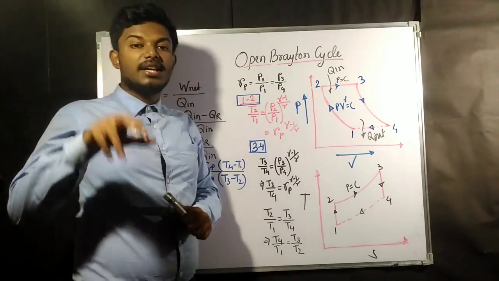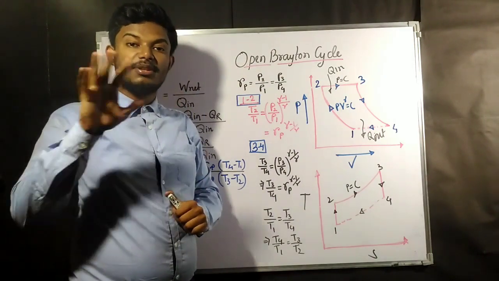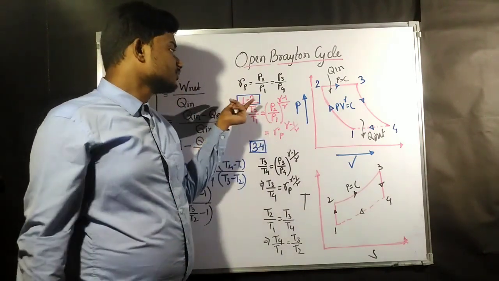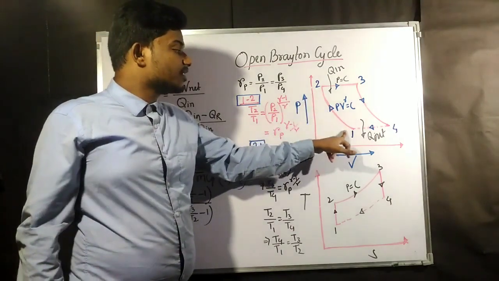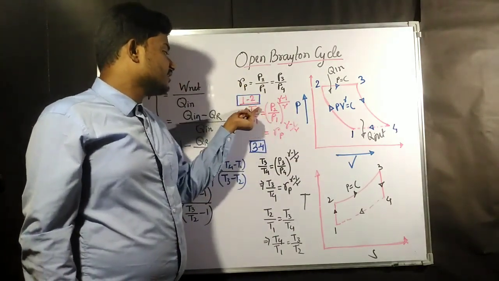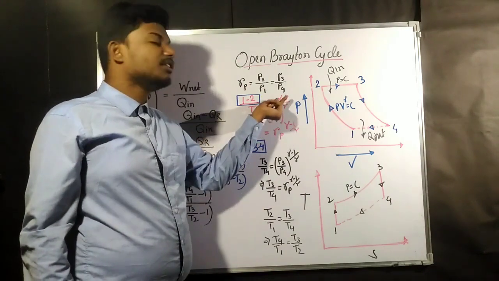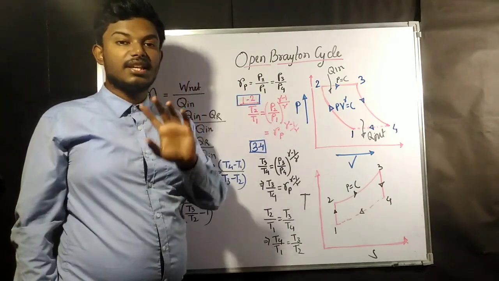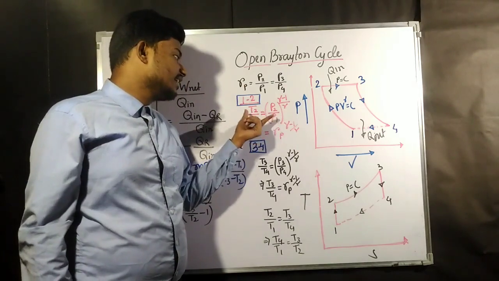Now from the equations in the specific heat notes you will get to know this. What is the equation for an adiabatic process? For an adiabatic process there is a relation like this: T2 by T1 equals P2 by P1 to the power gamma minus 1 by gamma. If you check the notes you are going to find this relation.